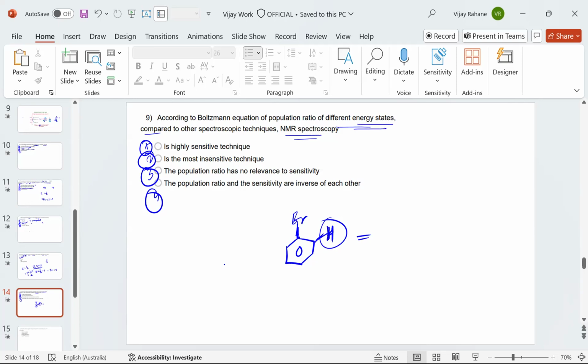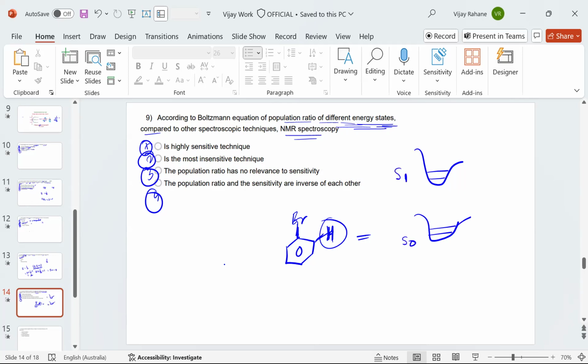You can only compare this in the advanced techniques. Do you know any other techniques that actually deal with the population ratios of different energy states? You know the organic molecule, right? Let's say this is an organic molecule which has different energy states. This is the ground state, S0.